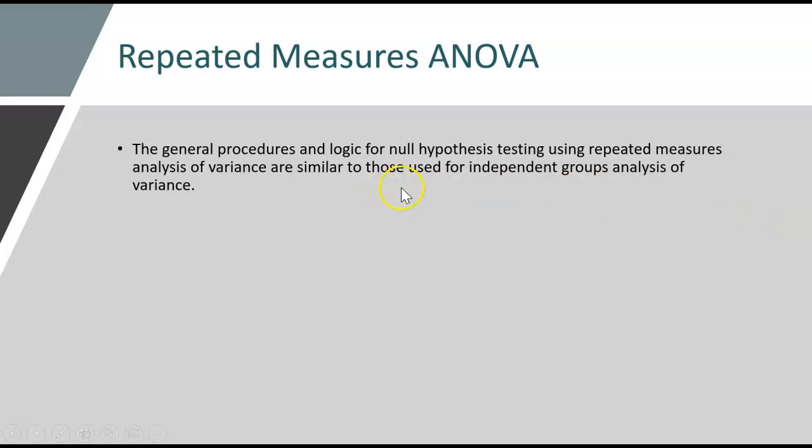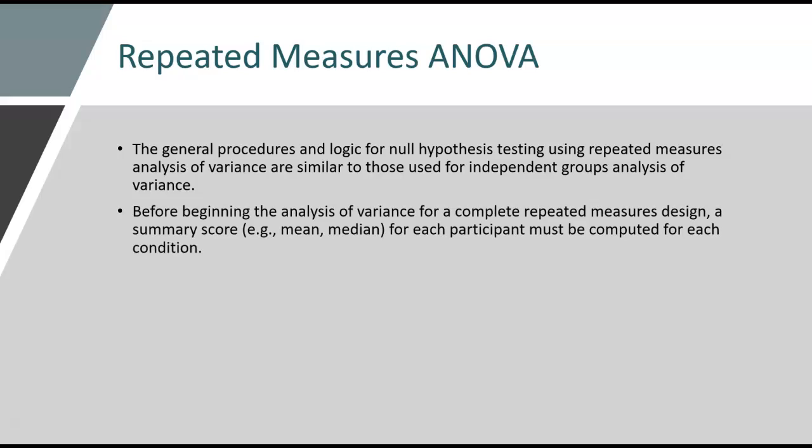So here you take the general logic that we've been talking about already, but you're using a repeated measures analysis of variance instead, because you have more than two time periods, or more than one measurement time, being compared.